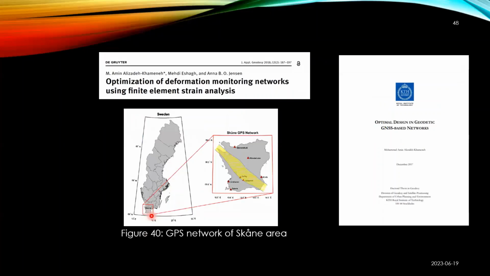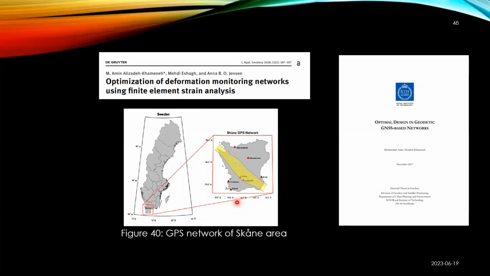Also, he did other studies, with an earthquake network in the Skåne area in Sweden, as you see here. There are some points here, but I wanted him not to just look at the quality or the precision of the data.